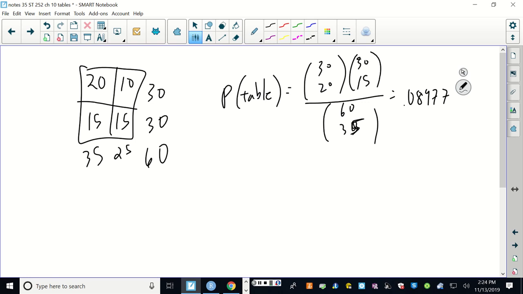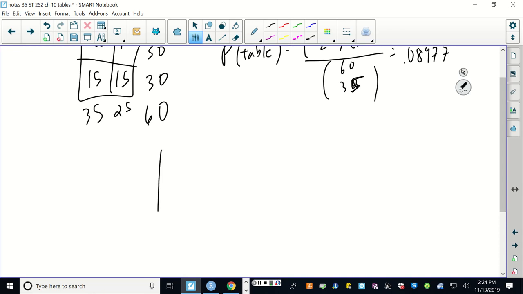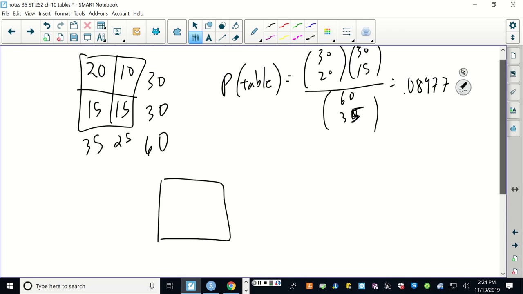What you can do is look at all the possible tables that could happen with these smaller sample sizes. So for instance, this one is a little bit skewed, a little bit more over here and a little bit less here than you would expect under independence. But you could also have something more extreme.